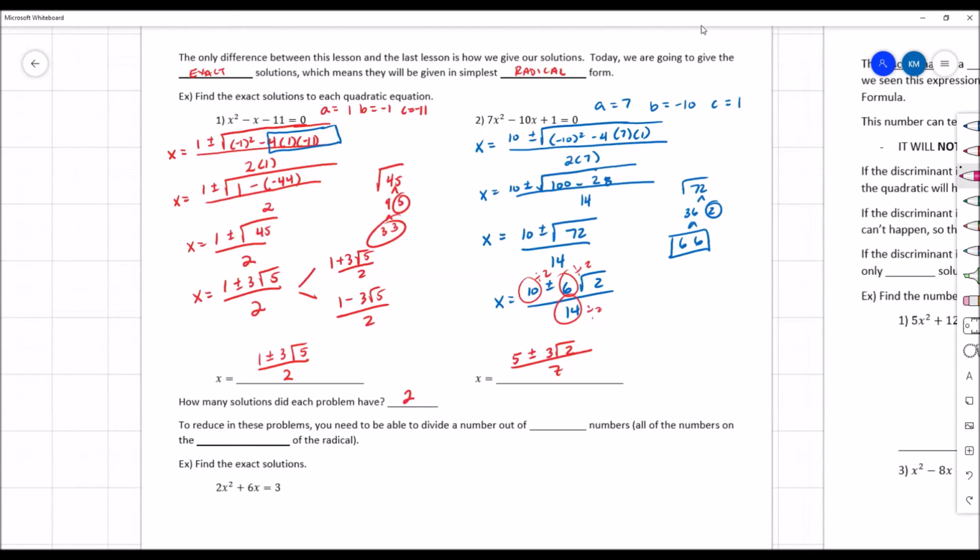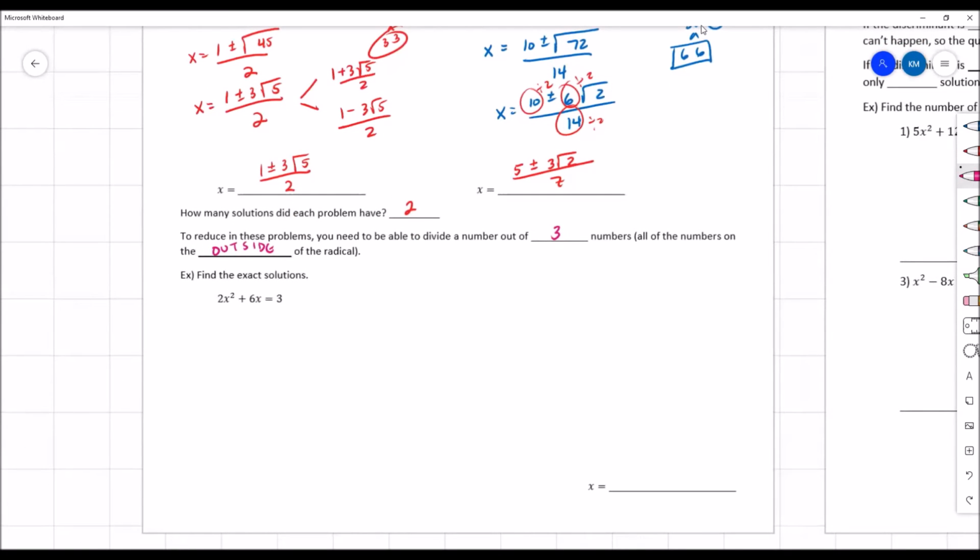To reduce these problems, you need to be able to divide a number out of all 3 numbers, the numbers on the outside of the radical. Notice that's what we did in that top problem. There's no time where you can only do 2 of them.